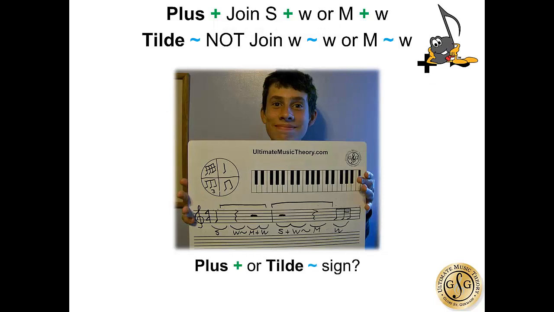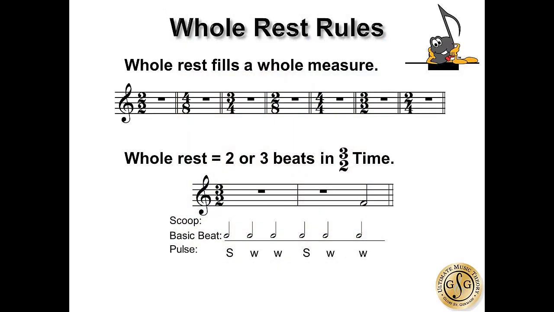So, question, plus or tilde sign? Well, by making one small change, students like Gabrielle using this rhythm and rest system are scoring 100%. Wow. Now, a whole rest fills a whole measure with silence in any time signature.